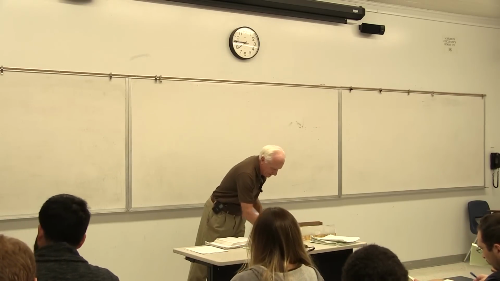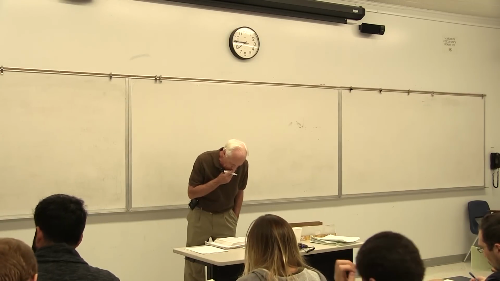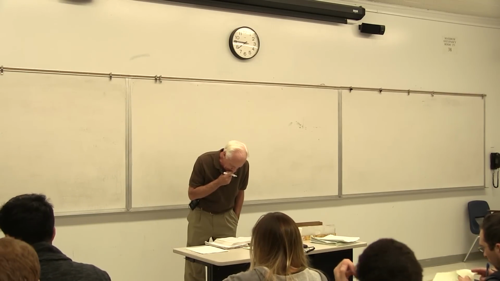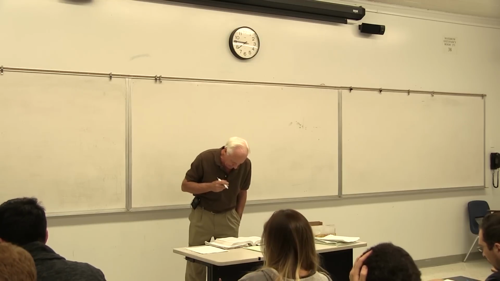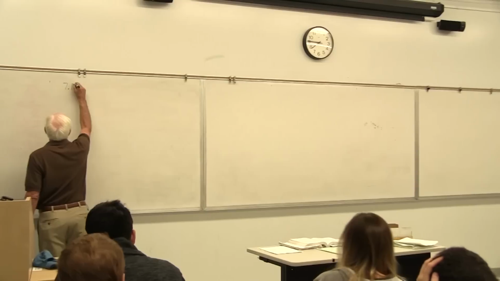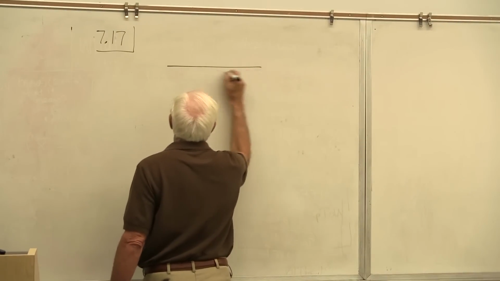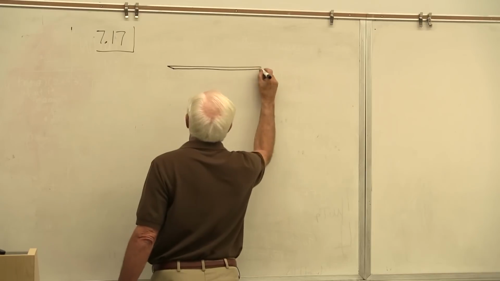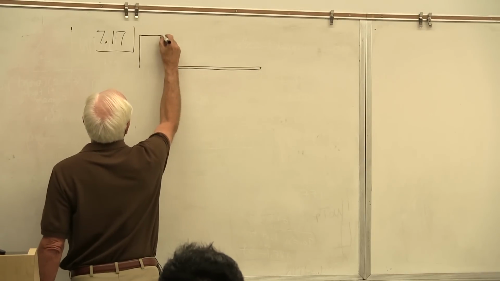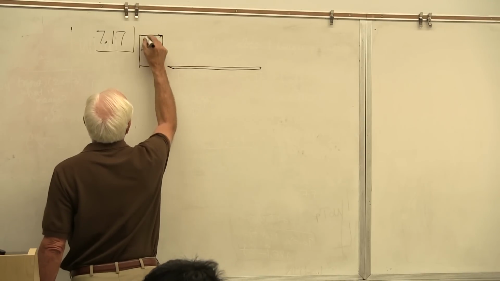Okay, 7.17. Let's put that up on the board here. This is a flow over a flat plate. The plate's at 100, the air is at 50. All right, so we got a flat plate. Approaching fluid stream, 50 degrees.